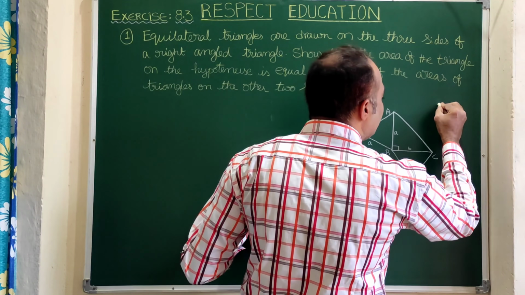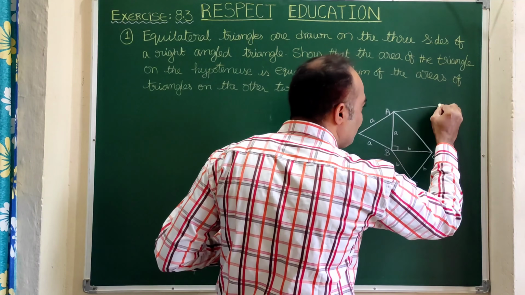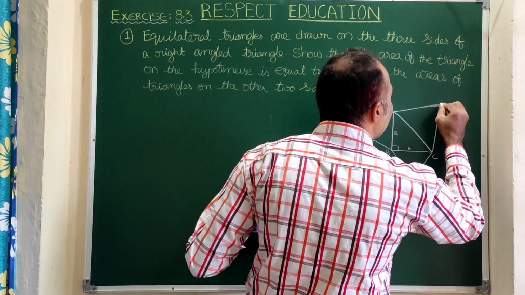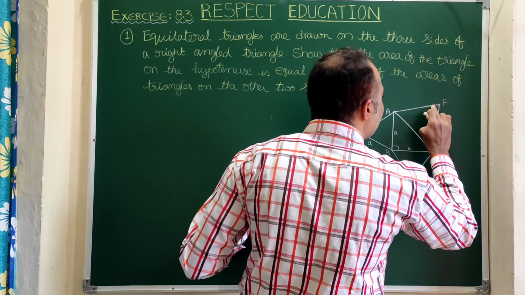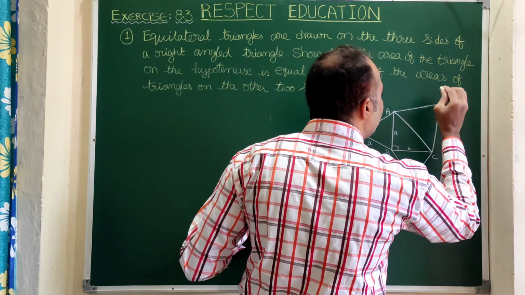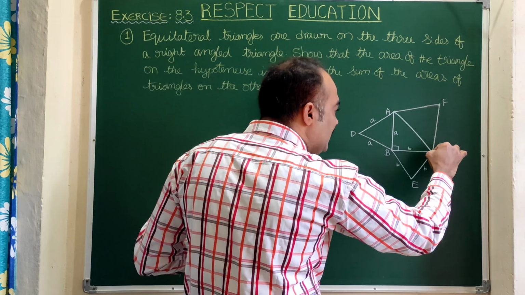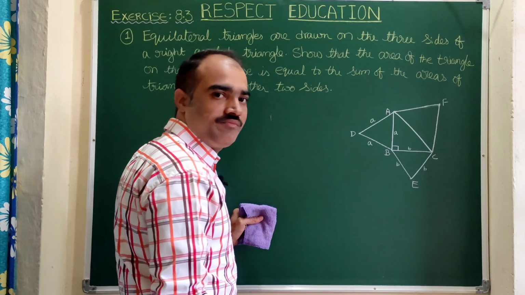Based on that, we have to draw one more equilateral triangle. Let us take this as AFC, in which the measurement of AC will be the measurement of AF and FC also.